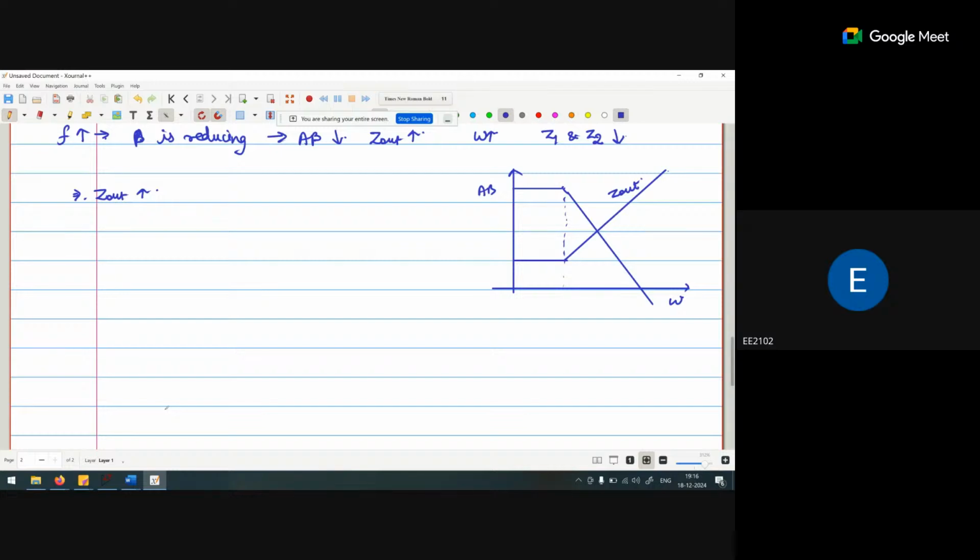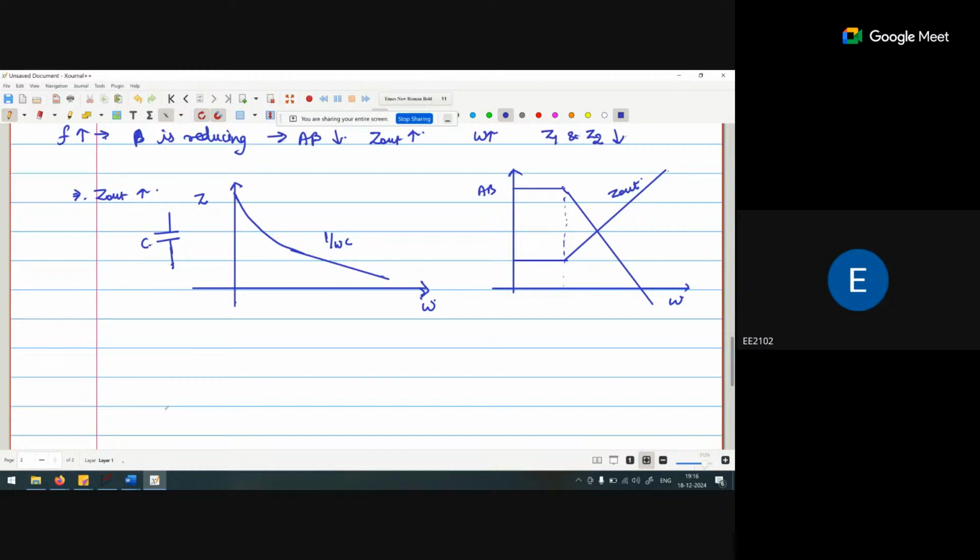Okay. Now if I have taken this omega and I have taken a Z, that Z is nothing but a capacitor. Okay, so when omega is increasing, 1 upon omega c is reducing.